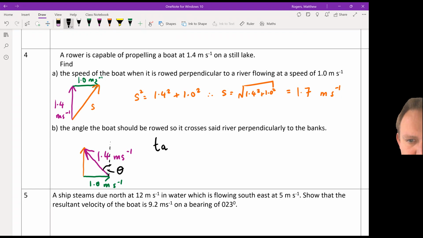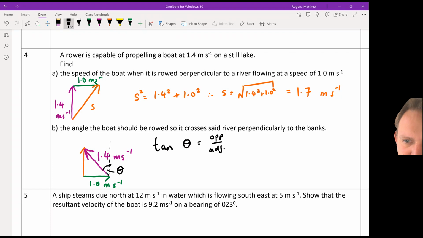We know that tan of an angle is the opposite side over the adjacent side. For the angle here, the opposite side, well, it's empty, isn't it? But we know that this vector of 1 could be placed at this point. We can see it's a parallelogram, isn't it? So we could put the 1 up here. So the size of the opposite side is 1.